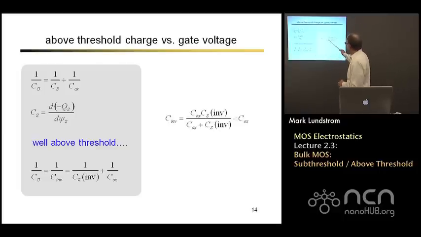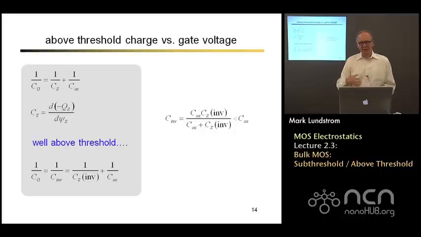So when I put those two together, we're going to find that the inversion capacitance is a little bit less than the oxide capacitance. Now, years ago, when the oxide thickness was big, the oxide capacitance was small, and this oxide term dominated, and the inversion capacitance was so large it just dropped out of the picture.